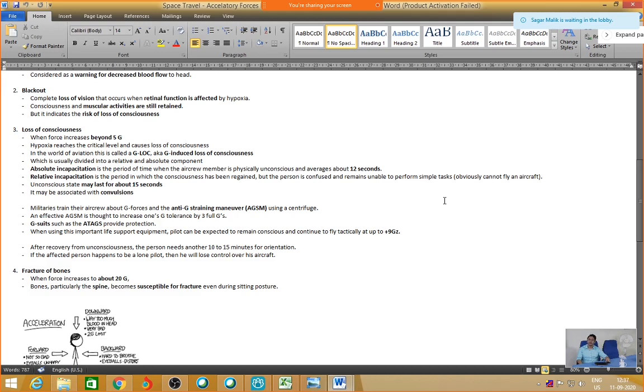These maneuvers are performed using devices like centrifuges. Centrifuges are machines in which a military pilot is docked and then exposed to these maneuvers using certain kinds of rotations. Okay, this is known as AGSM.